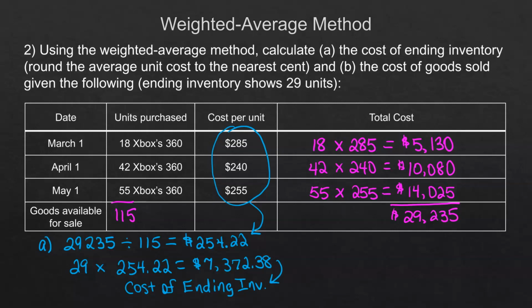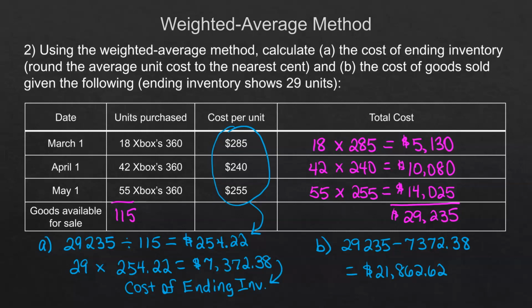Now we're going to do the cost of goods sold, and that is simply $29,235 minus our ending inventory of $7,372.38, and cost of goods sold is $21,862.62.